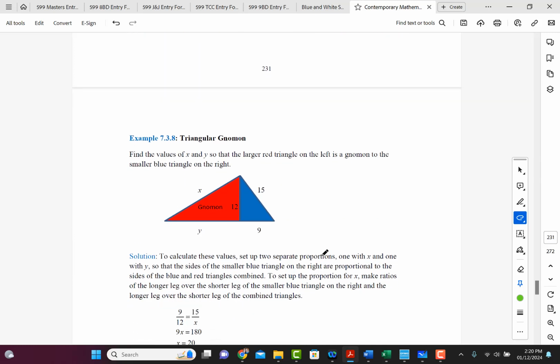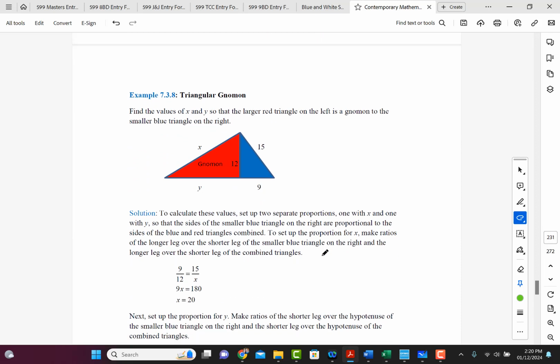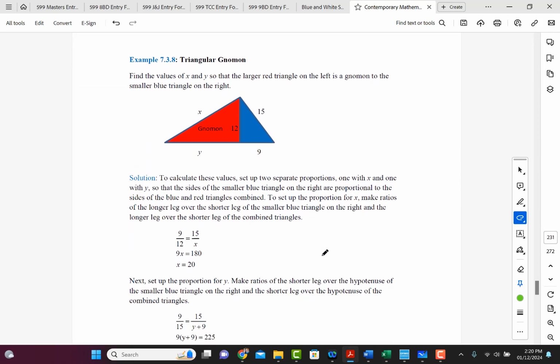Okay, so let's look at this one. Triangular gnomon. Well, if we look at this, again, we have this triangle here, this blue triangle.